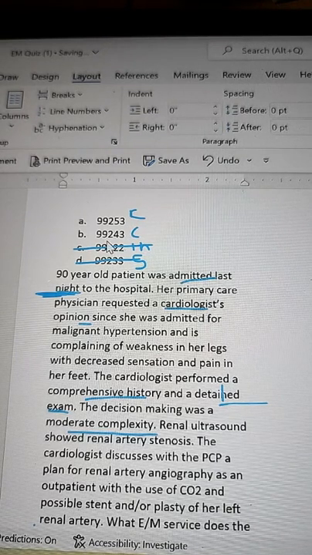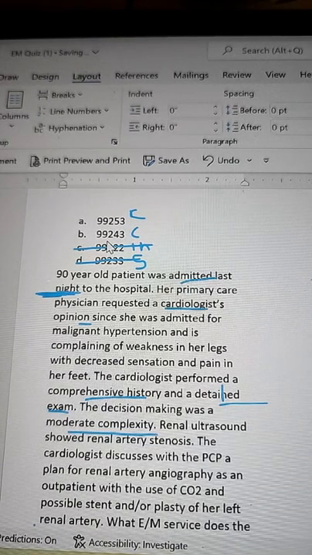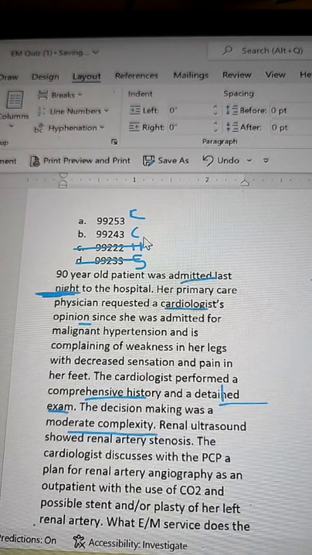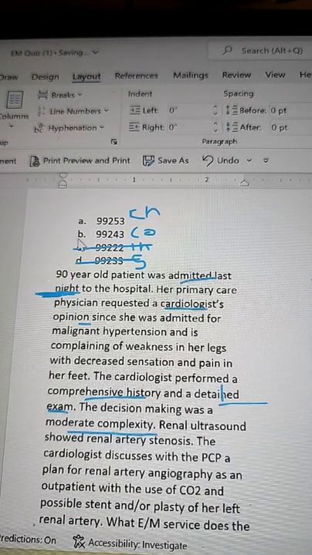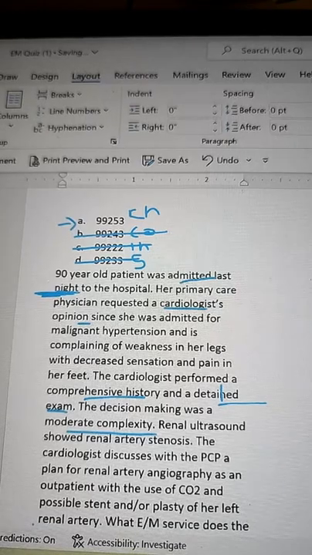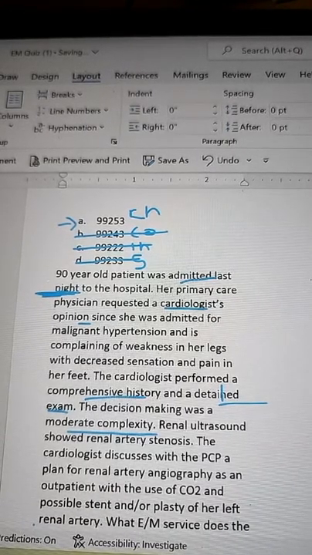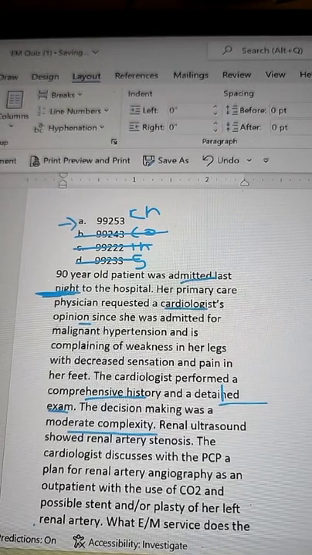And the 43 is under office settings, but 53 is under a hospital setting. So we know our only answer can be A, because the patient is on the floor in the hospital.